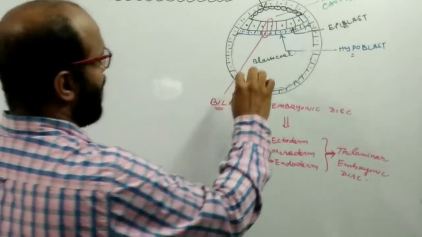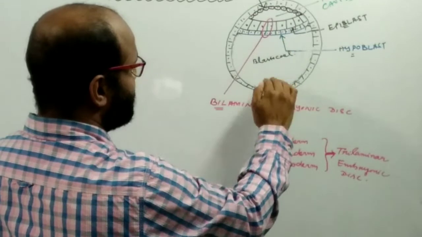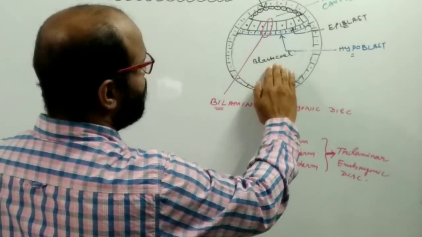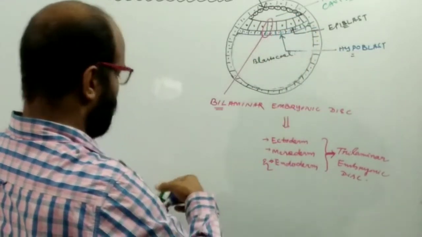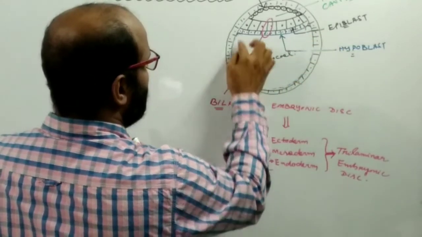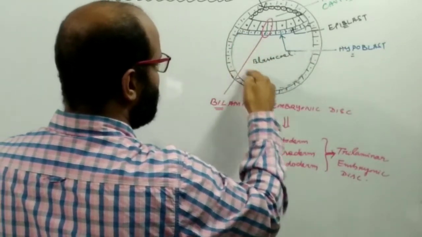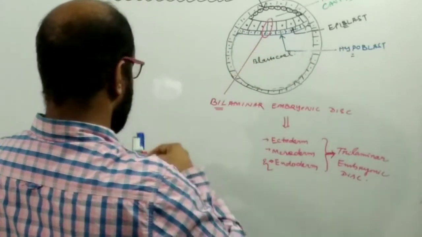The bilaminar embryonic disc is present in between two spaces. After the formation of this bilaminar disc, the lower blastocele, after the division and lining of the cells of the hypoblast, after the lining of the endoderm, is the yolk sac.